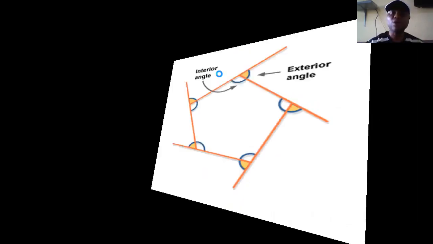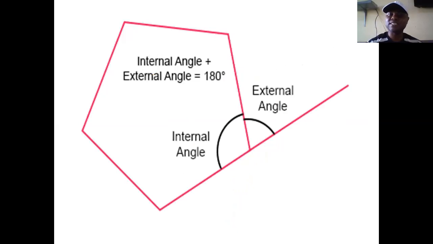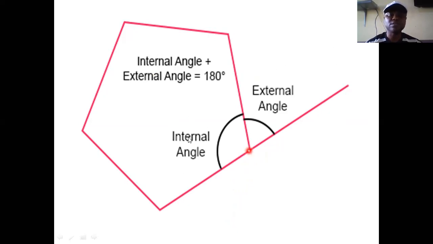Nice try. Okay, look at it. Exterior angle plus interior angle equals 180. Did you know why? Because they are angles on a straight line. In any polygon, if you extend this line, the interior and exterior angles form angles on a straight line.